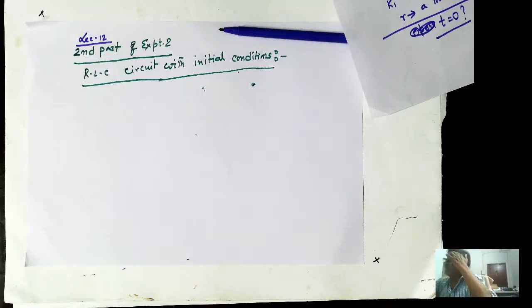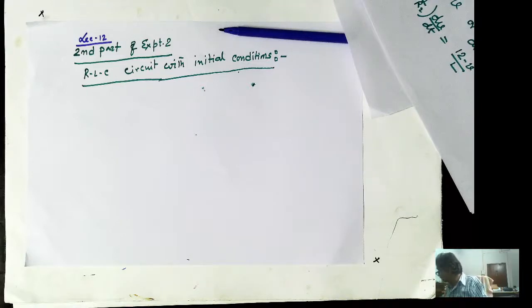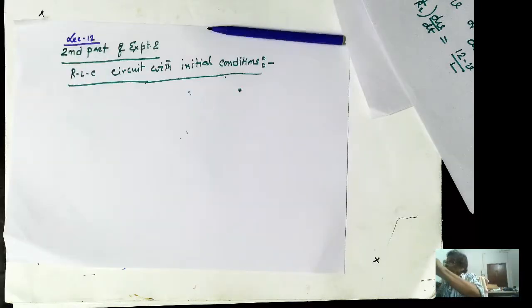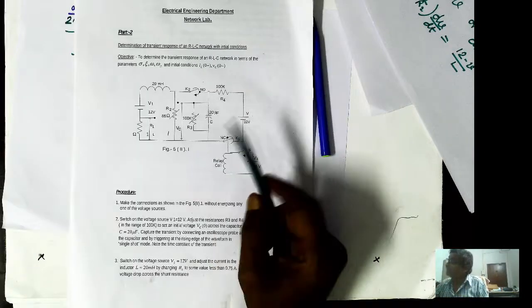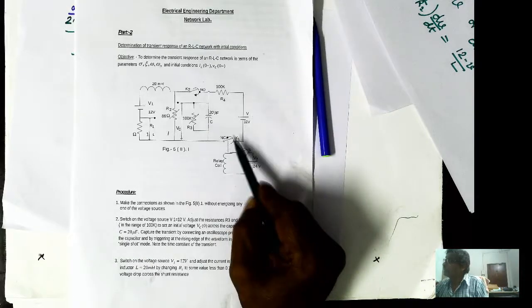Only the last point I will tell slightly about this relay, because additional things are there. Where is that page? Here is what I have to do. In this circuit I have to open this switch K1 and close K2 almost simultaneously.